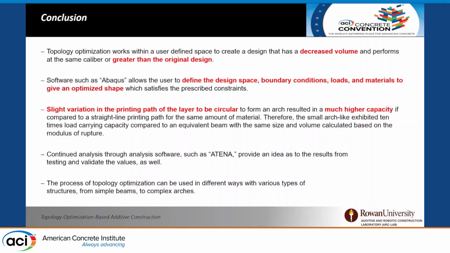And so software such as Atena and Abaqus, they both start with A, allows the user to define the space, and slight variations in the printing path, whether it be straight or circular, can lead to a larger capacity by using the former, and continued analysis through Atena provides an idea as to the results from testing in order to validate the experimental values.